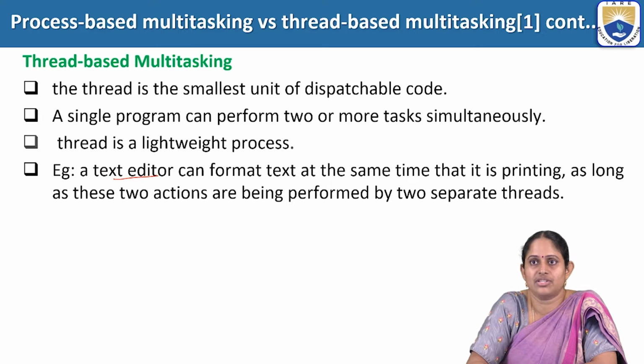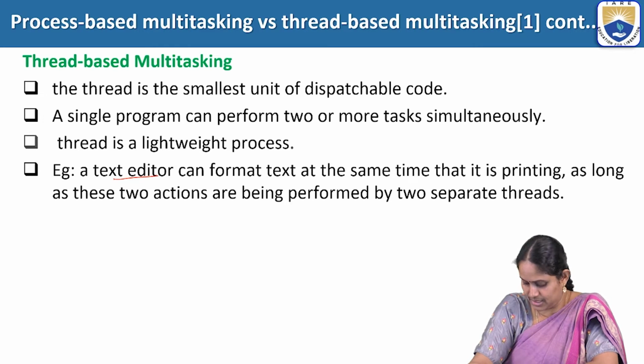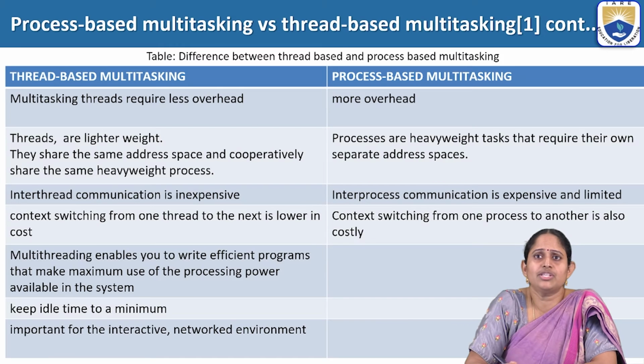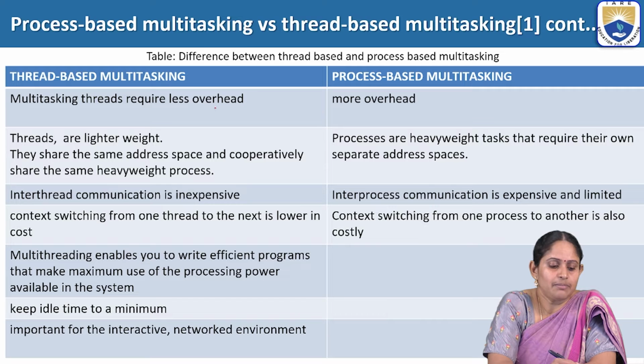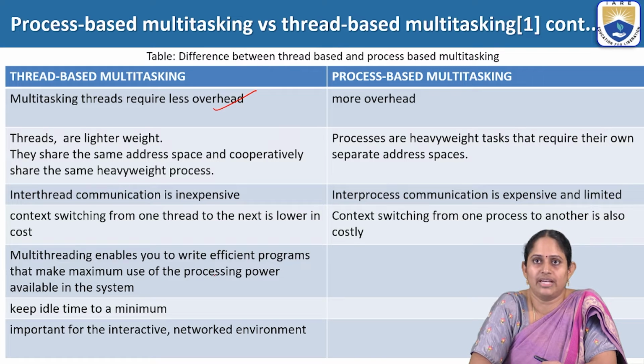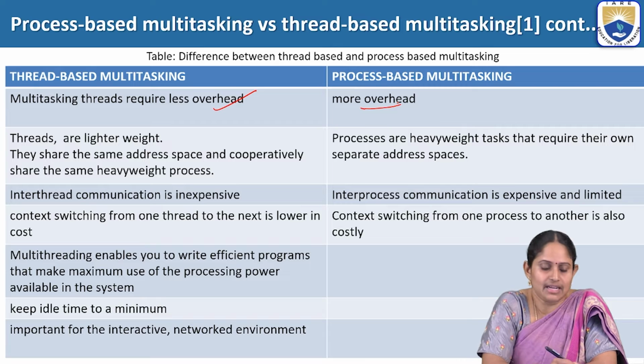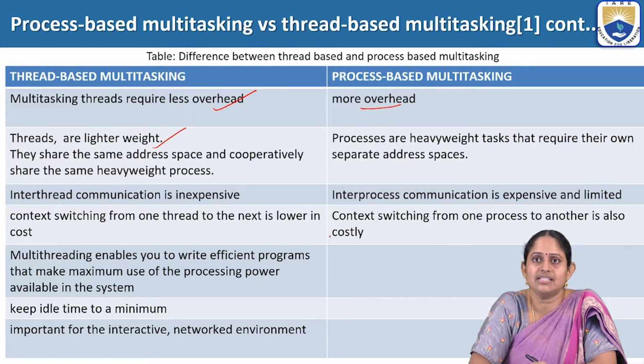So there are two actions being performed by two separate threads in that process. Comparing the thread-based and process-based models, thread-based has less overhead, but process-based has more overhead. Threads are lighter in weight since they share the same address space.